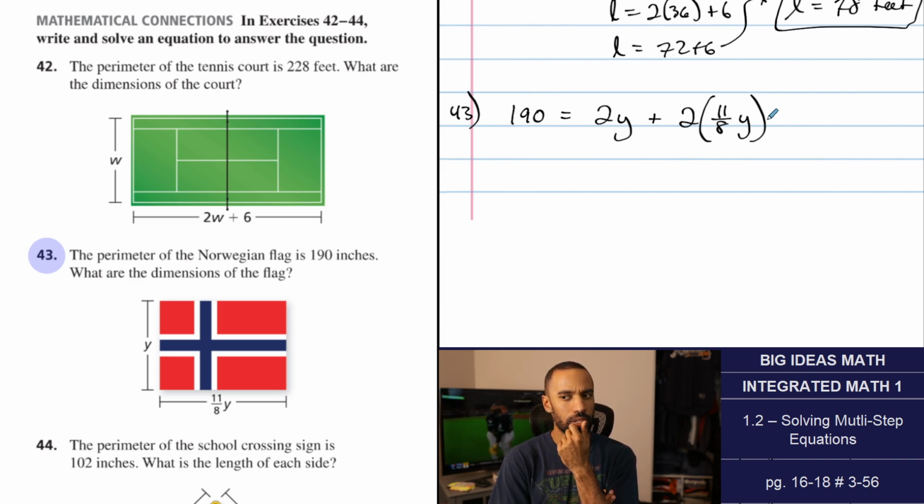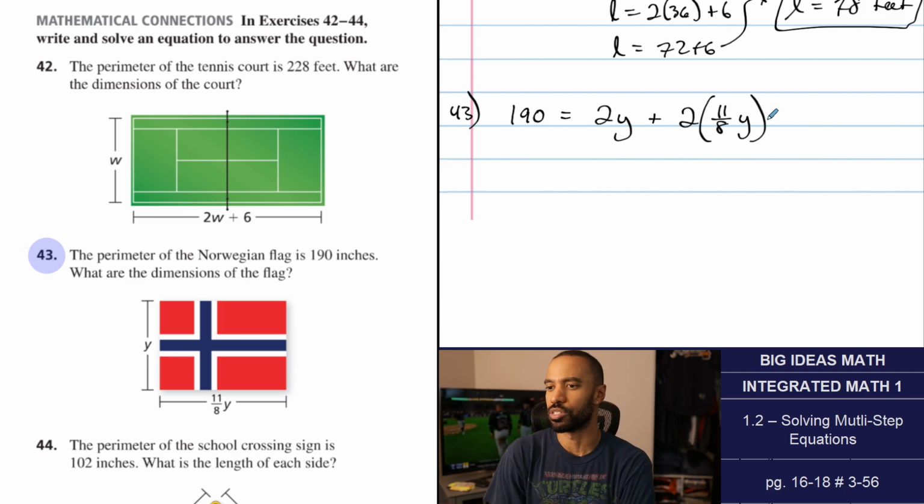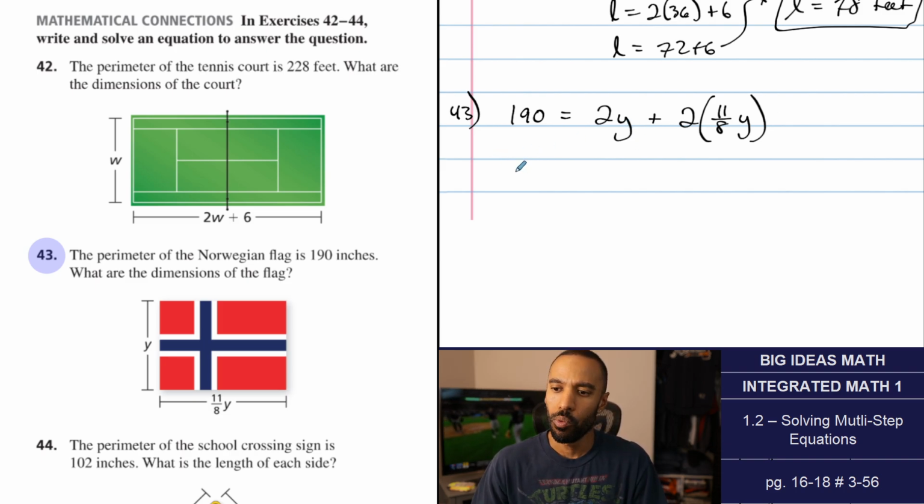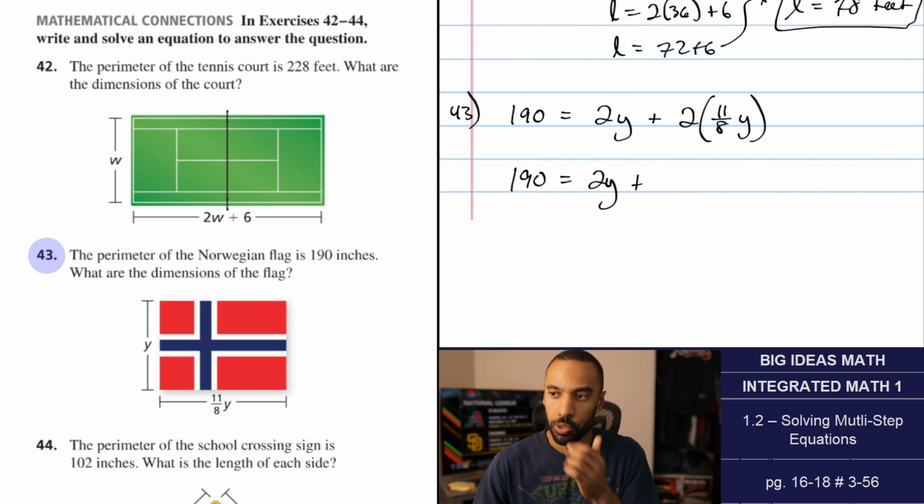You could. I'm going to work with fractions this time, I think. Now, what I can do to begin with on this, we can bust the fractions as well. 2 divided by 8 can reduce as 1 divided by 4. That means 1 times this thing is just this thing. I can write it as 11/4 y. So that's an option.